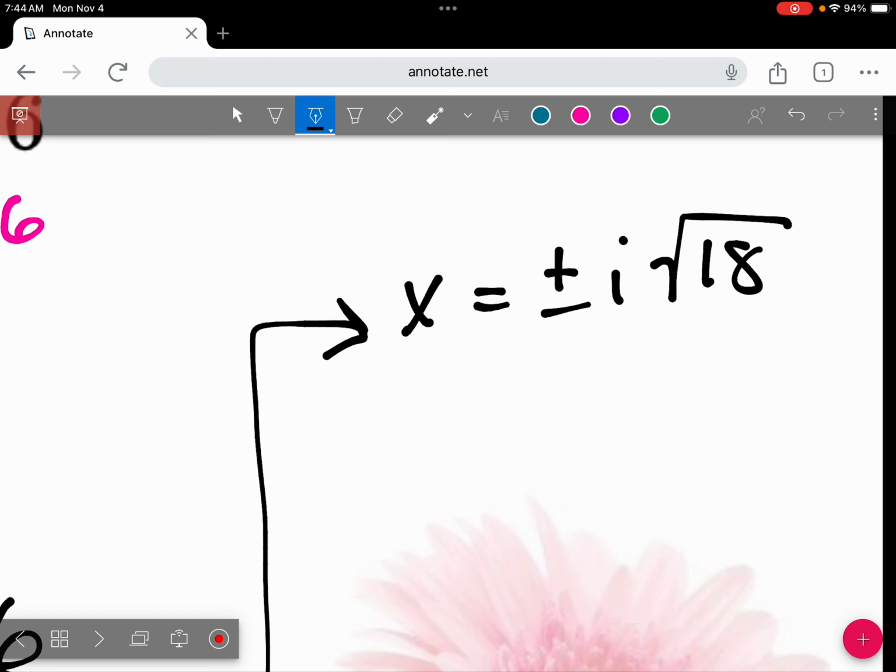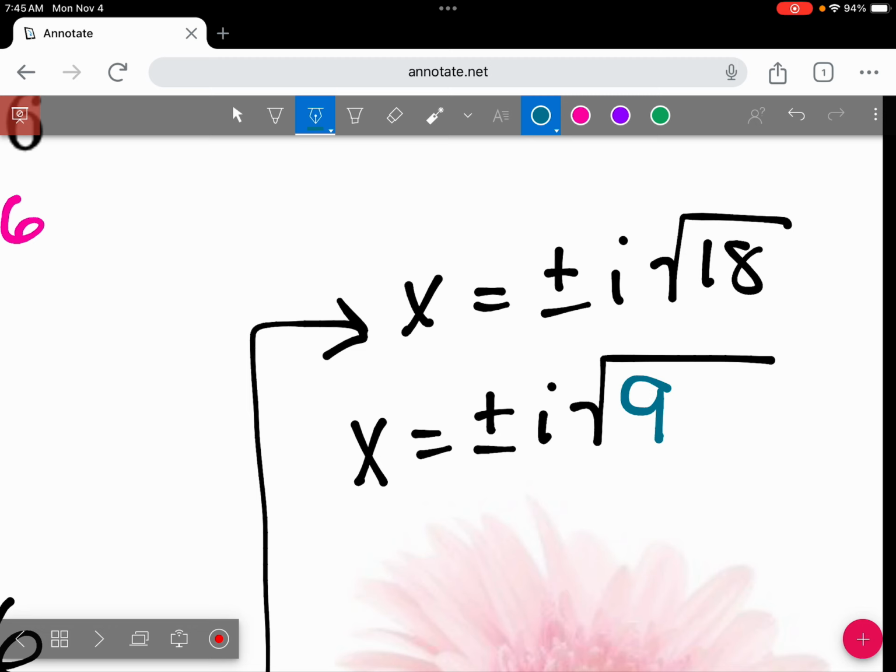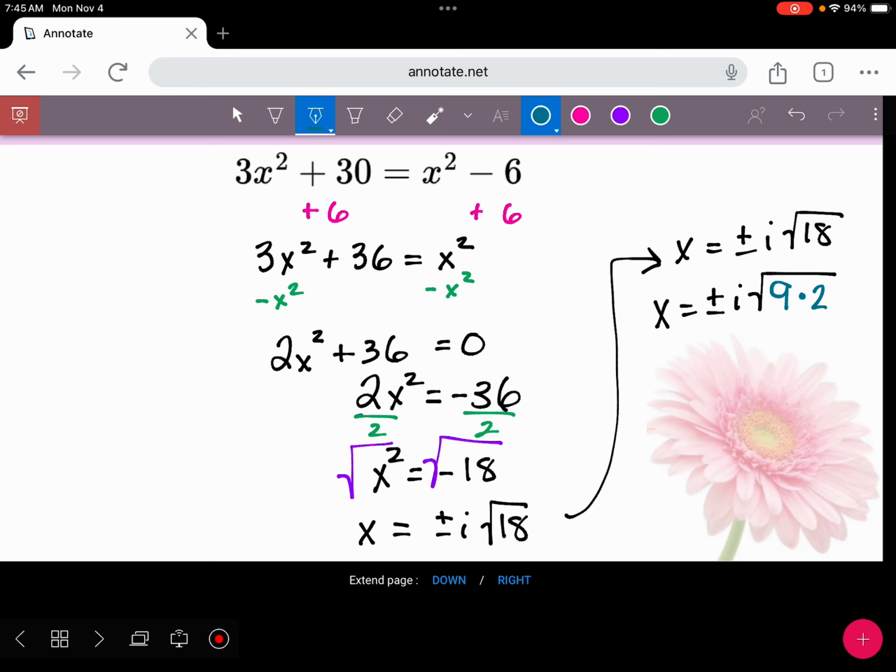So simplifying that square root of 18, what's a perfect square that is a factor of 18? The i only goes in front of the radical when it has a radical, but if it's a regular number, it's going to be 18i. I can be in front of a number, like 18i.